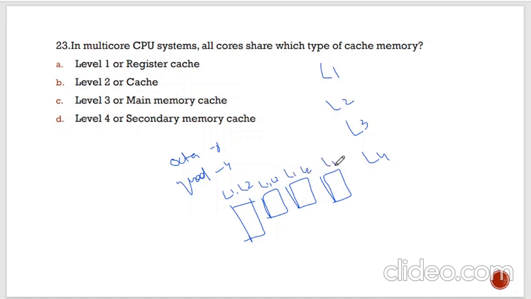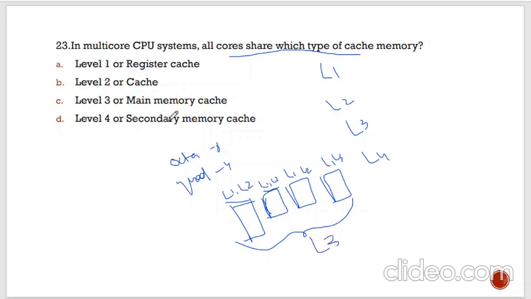However many cores the CPU or processor may have, level 1 and level 2 are different for each. The level 1 and level 2 caches are maintained by this core, and another set of level 1 and level 2 caches is maintained by another core. But all cores will be sharing level 3.